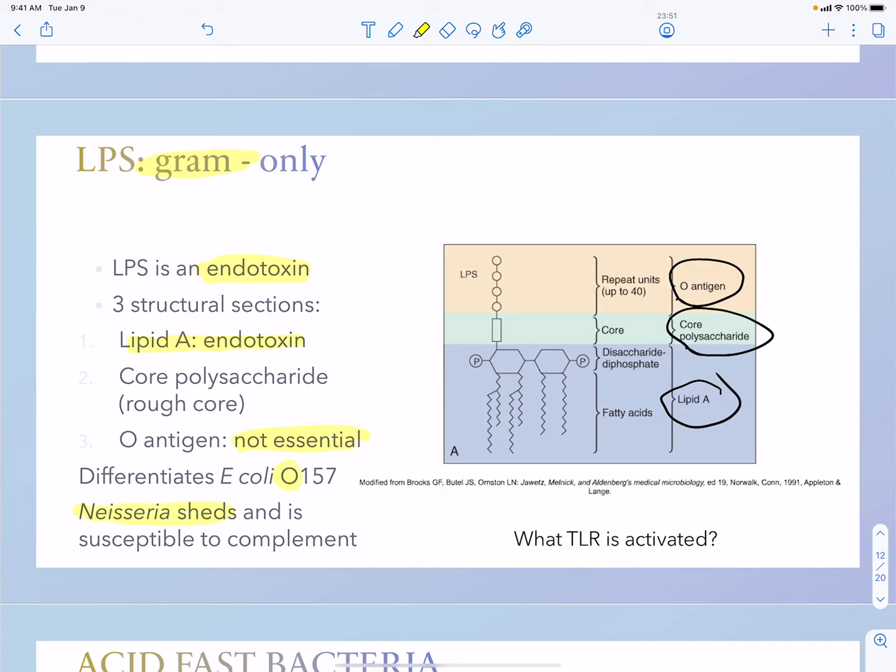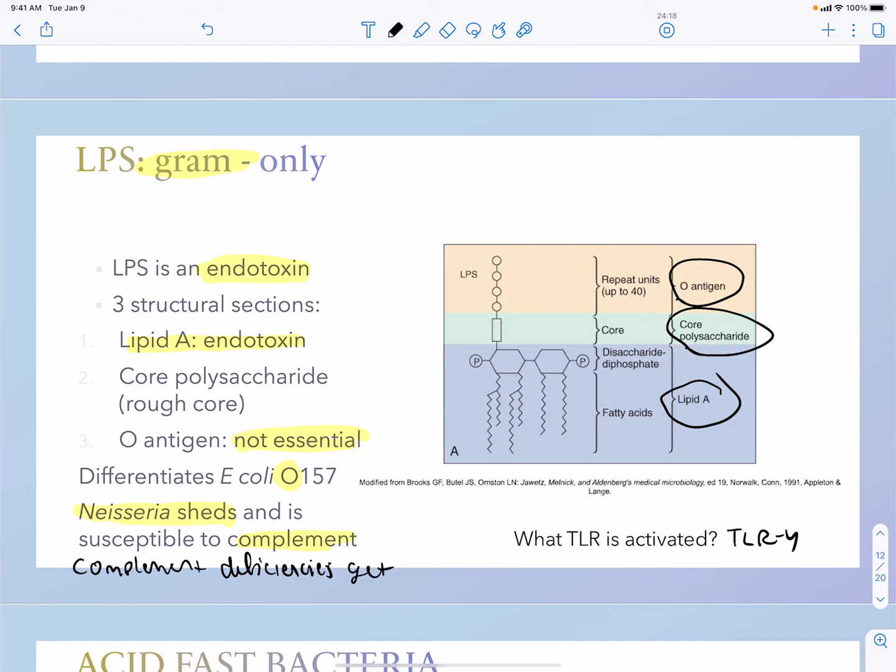Neisseria is going to shed LPS. It's going to shed that O antigen, and Neisseria shedding is constant, and so it makes it highly susceptible to complement. And so this is going to be TLR4. People with complement deficiencies are highly susceptible to Neisseria.